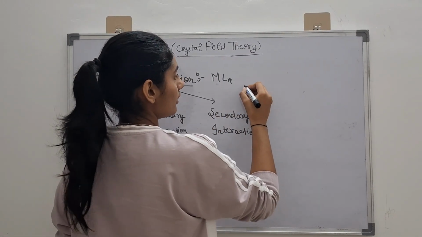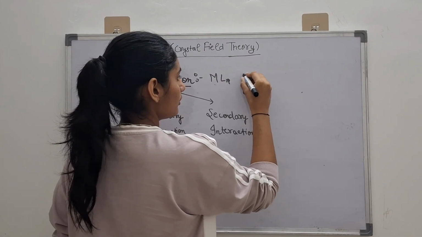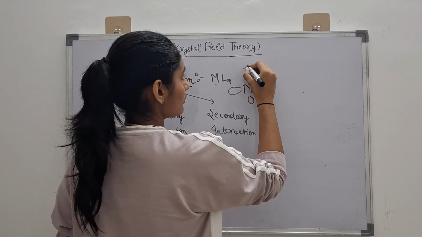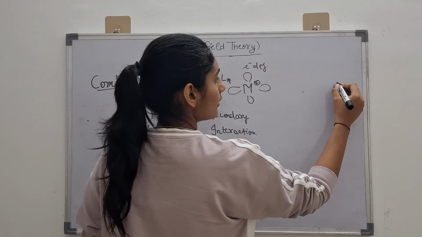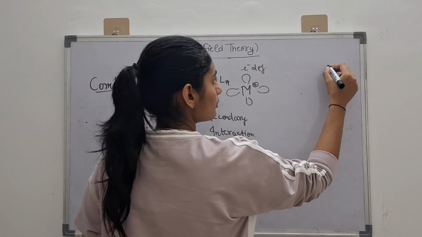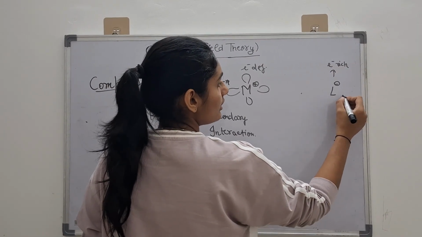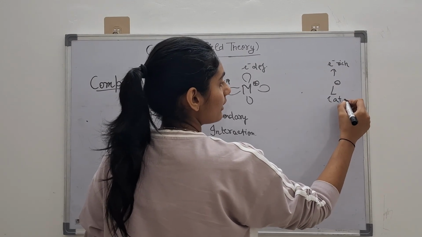As explained earlier, this is a metal, electron deficient in nature, and this is a ligand, electron rich in nature, placed at infinite distance from the metal ion.